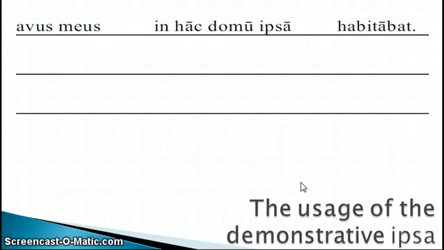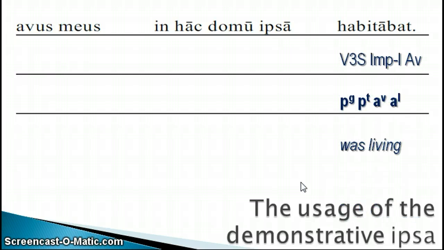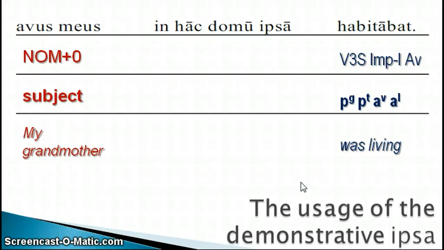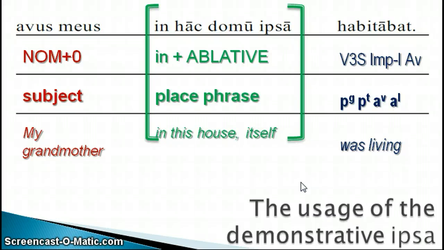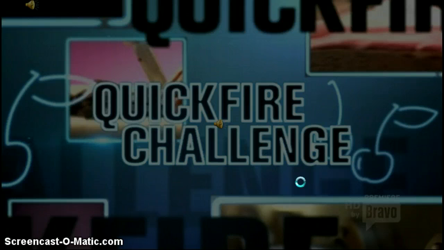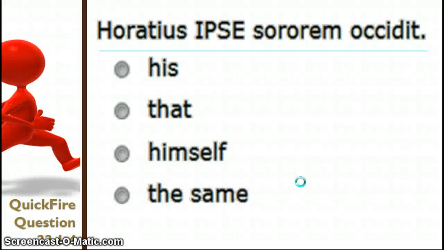Kind of like an underline. Moving on to the quick fire challenges.